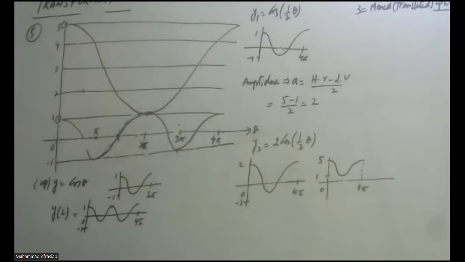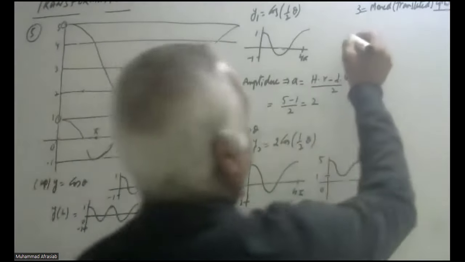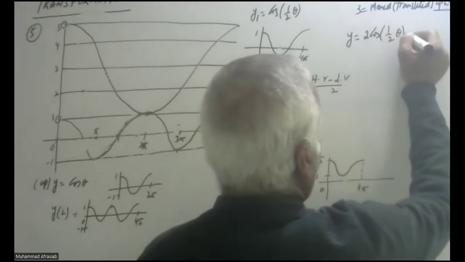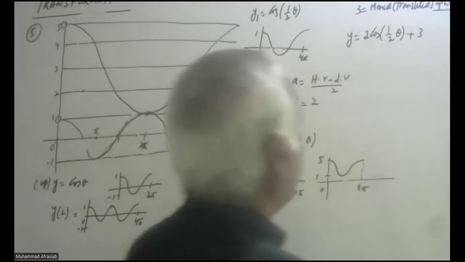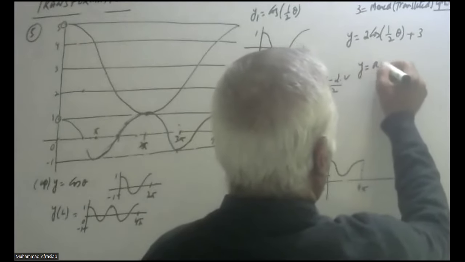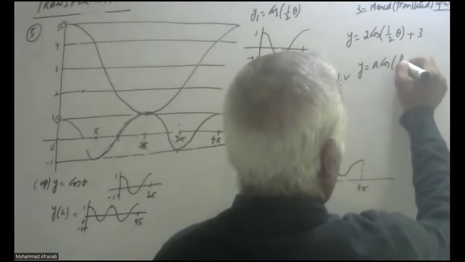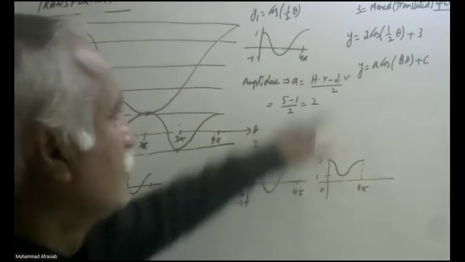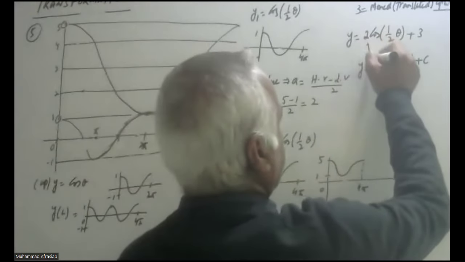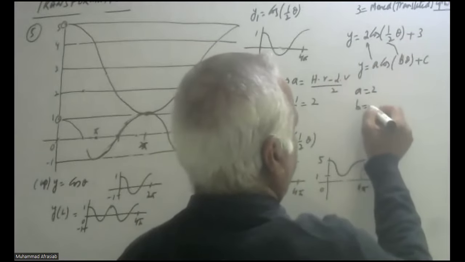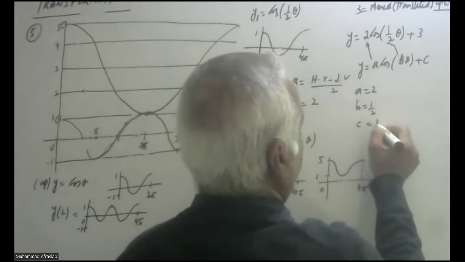So if we have to write down the final equation of this upper curve, it is y equal to 2 cos of half theta plus 3. And if we use the concept of transformation, we can write y is equal to a cos of b theta plus c, where the a value is 2, the b value is equal to half, and the c value is equal to 3.